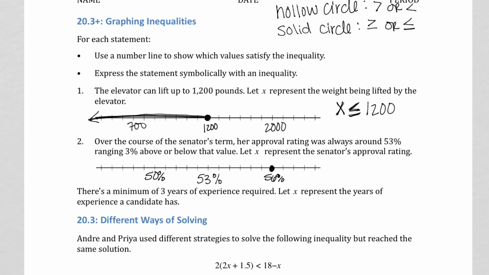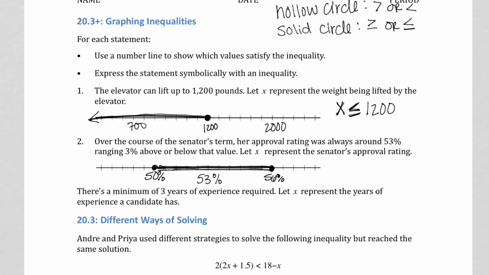Does it include the lower 3%? Yes. And these, I didn't count these out. They should be equidistant, so an equal distance from the 53. If they're not, I'm sorry, but they should be. Our graph should include all of this, because the range is from that much.